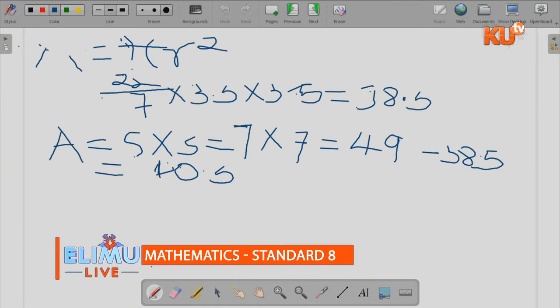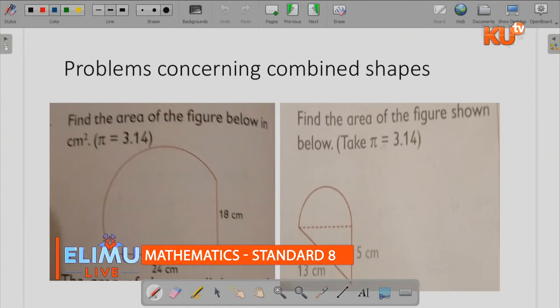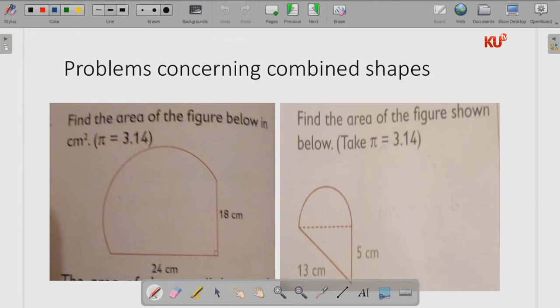Let's move to the next question. Next question, as you can see, there are 2 questions there on the board. The first question you have been asked: find the area of the figure below in square centimeter.